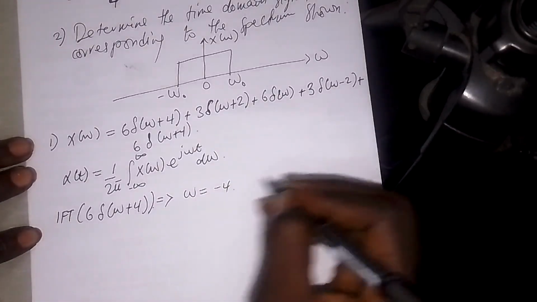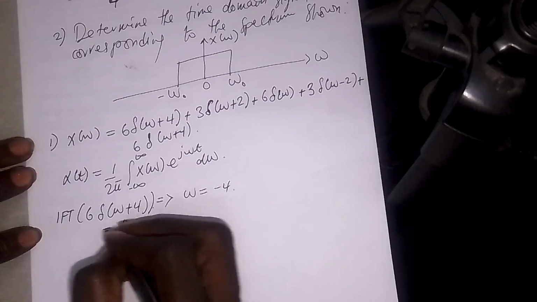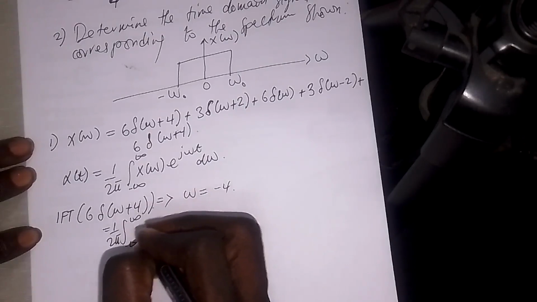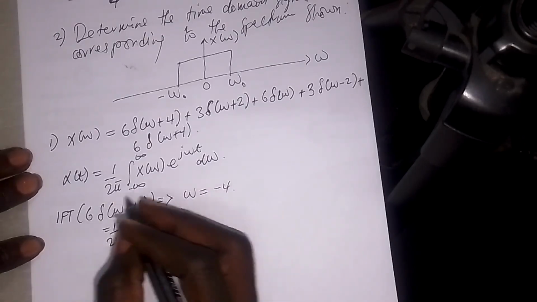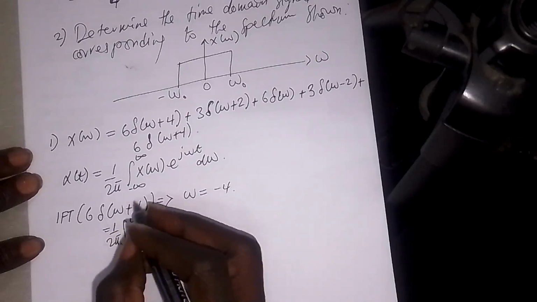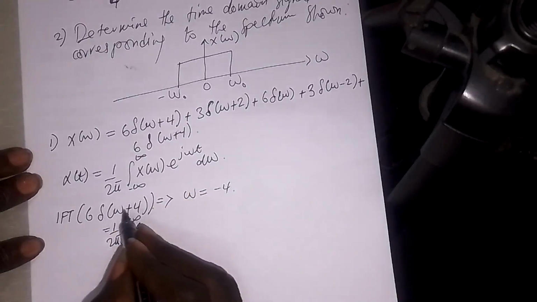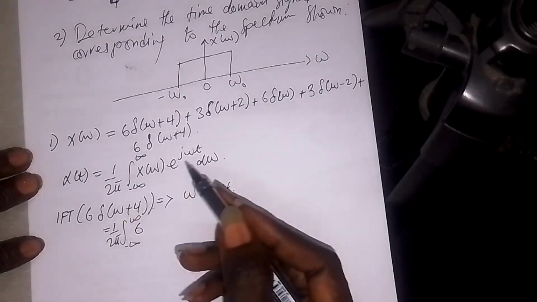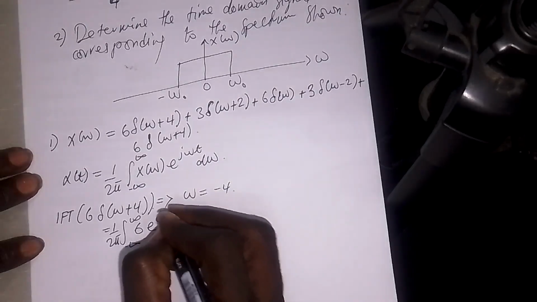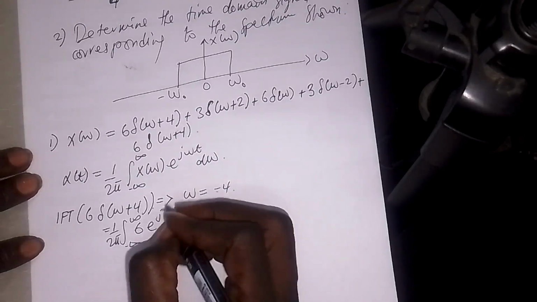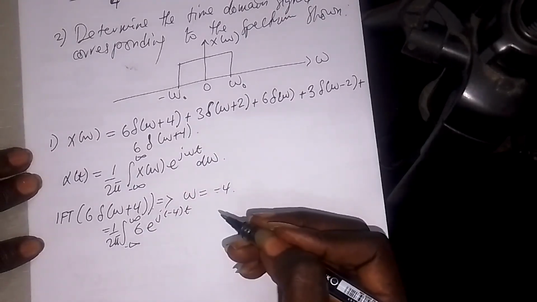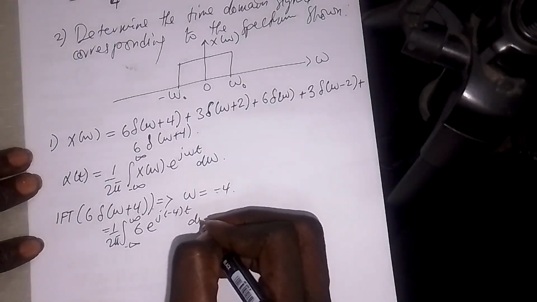So it is 1 over 2 pi, integral from minus infinity to infinity, where the X of omega here is 6, and the rest I can just follow with e to the j, omega occurring at minus 4, so I put minus 4 here into t, d omega.